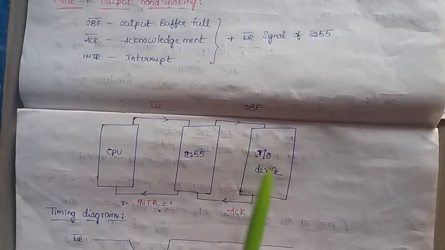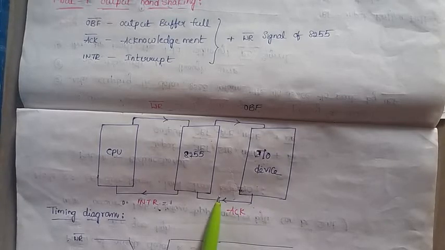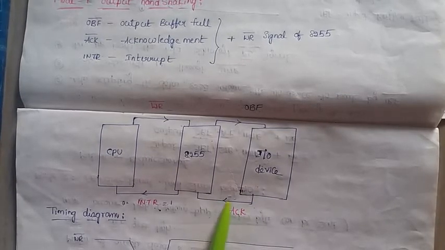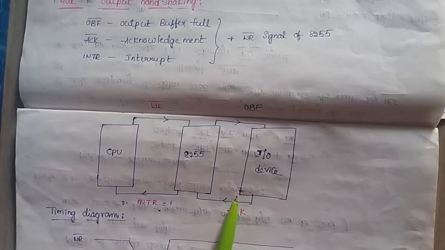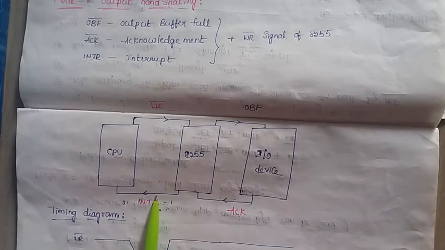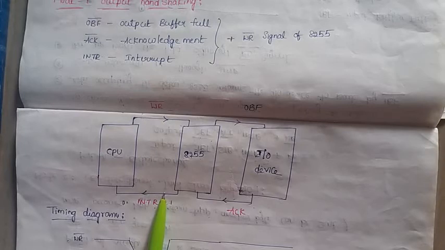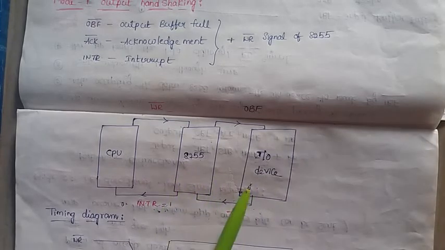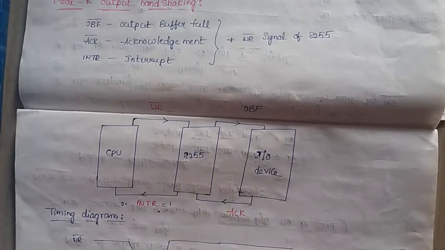The peripheral accepts the data and sends acknowledgement by making acknowledgement low. Now the data byte is transferred to the peripheral. Now the OBF and acknowledgement lines go high. The INTR line becomes high to inform the microprocessor that another byte can be sent, that is, the output port is empty. This process is repeated for further bytes.